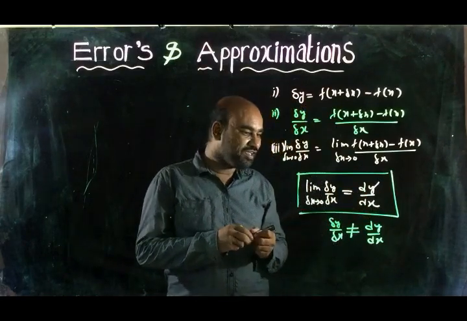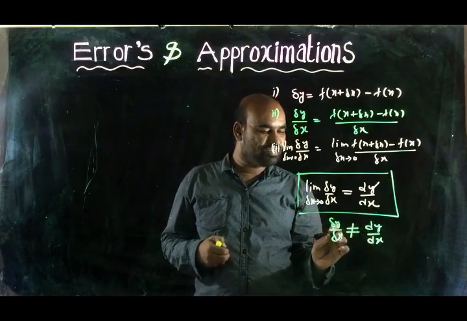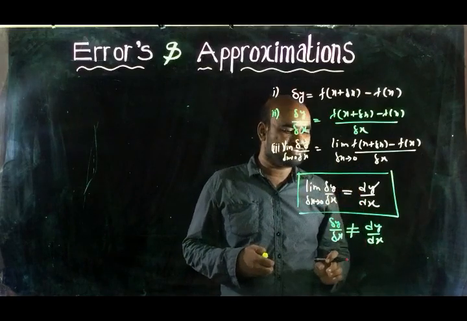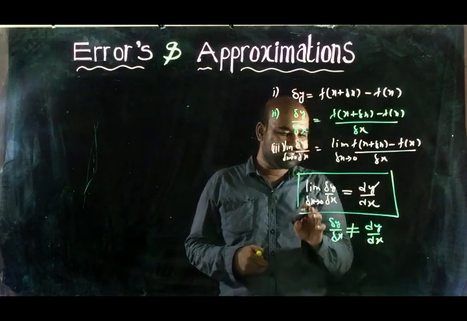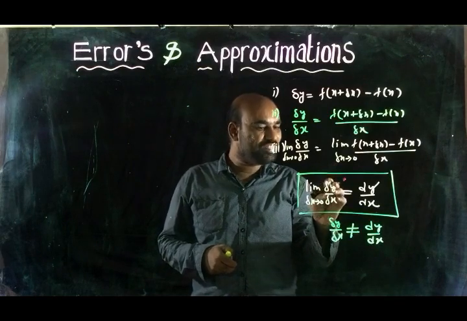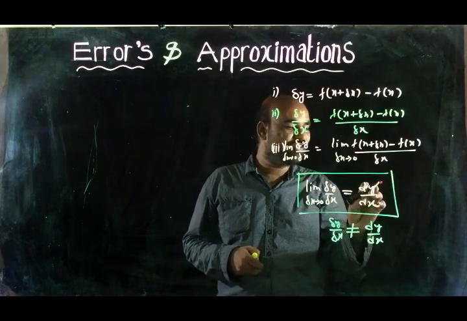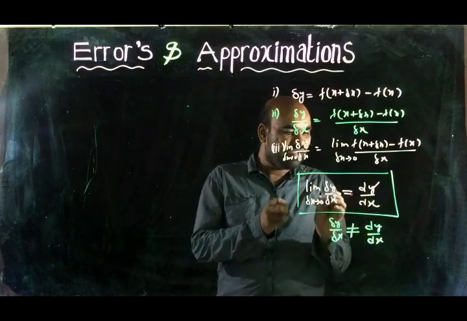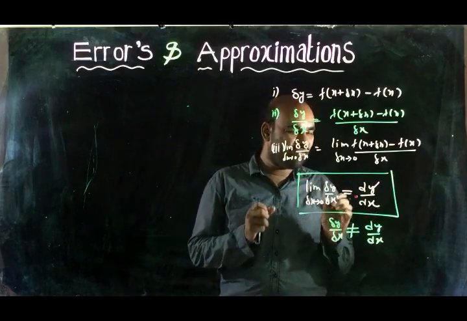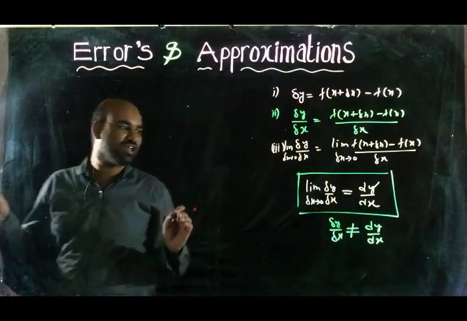The important thing is that the absolute difference between these two is a small positive real number only, because delta x is tending to 0 only. That's why the fraction delta y by delta x and the operator dy by dx have a small difference, meaning the absolute value is a small positive real number.